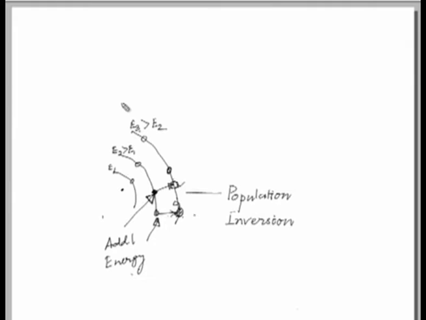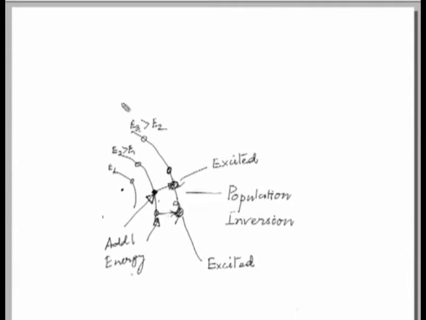However, these electrons are very unstable. Though excited, they are at this excited level, and always they will try to come back to their original position.